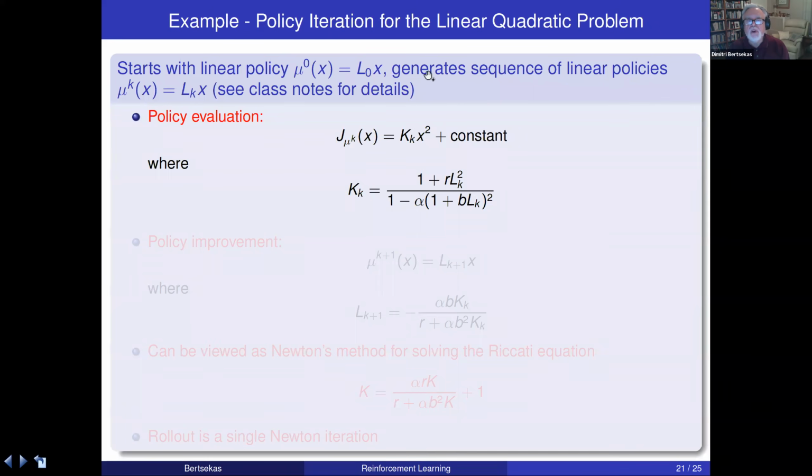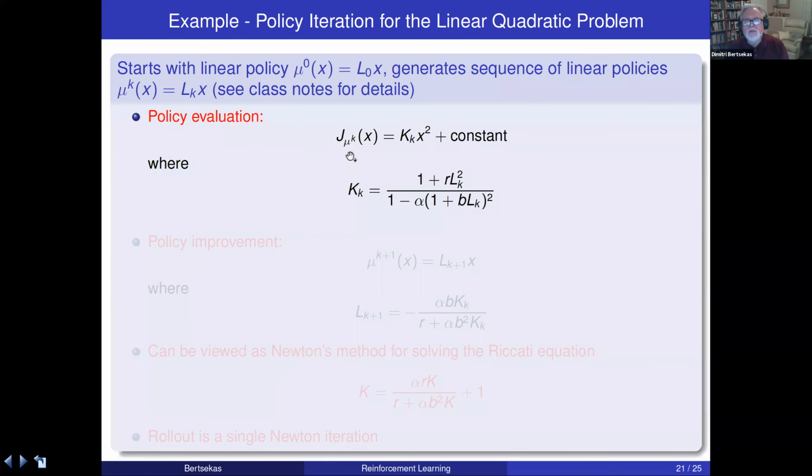And if we do so, we'll generate a sequence of linear policies involving coefficients Lk that you can compute by iteration. Now I want you to look at the class notes for all the details and make sure that you understand them. Our homework is also going to deal with this type of calculation. However, here I'm going to skip the details and give you the result.